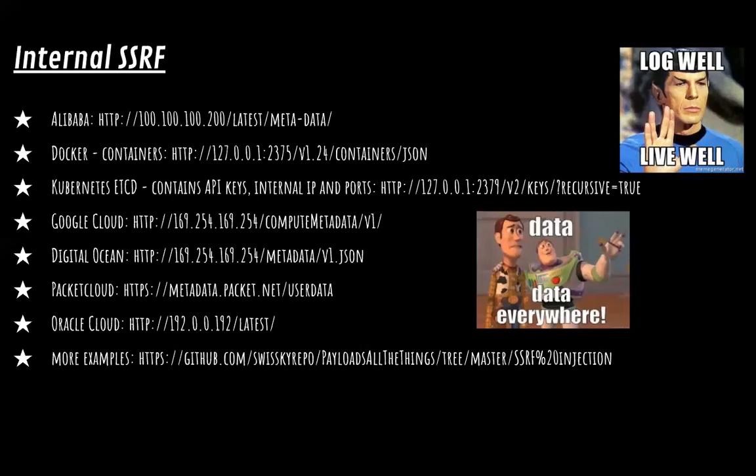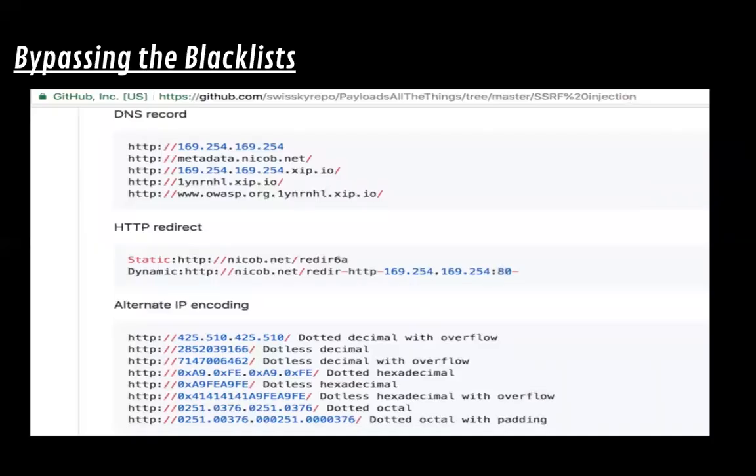Yeah, pretty much. It is really good. This is really a good vulnerability because you could parse a lot of data. So now for the blacklist. In case, for example, the AWS metadata, which is 169.254.169.254, is actually blacklisted.